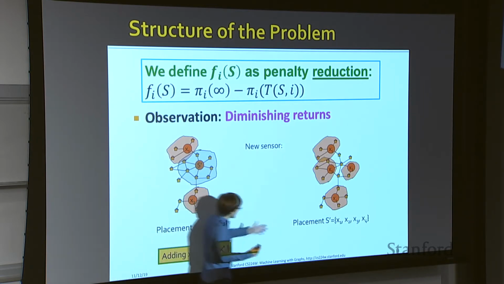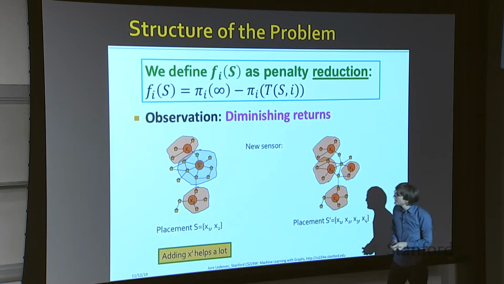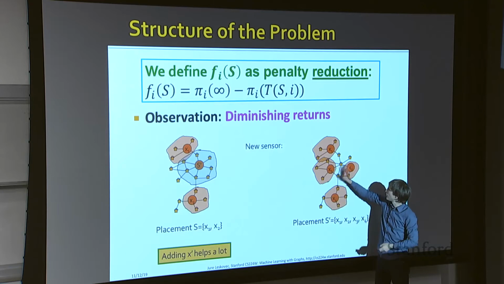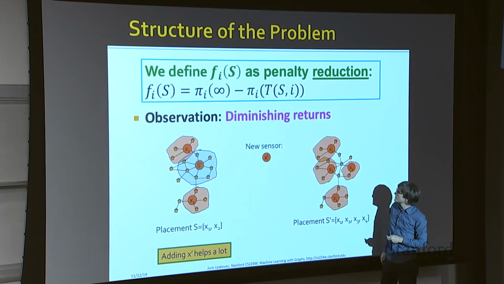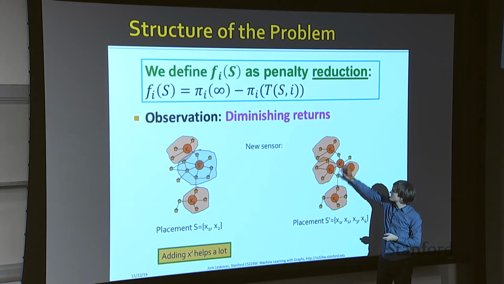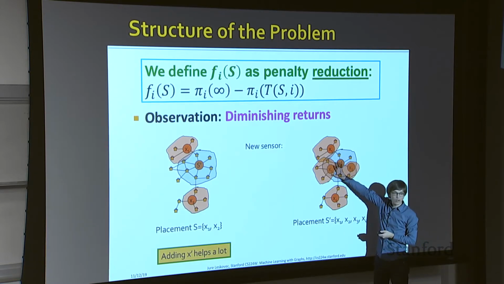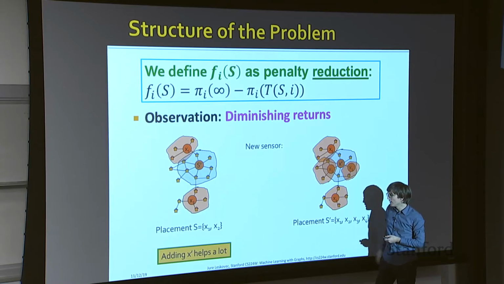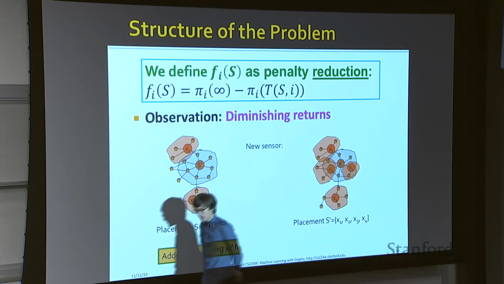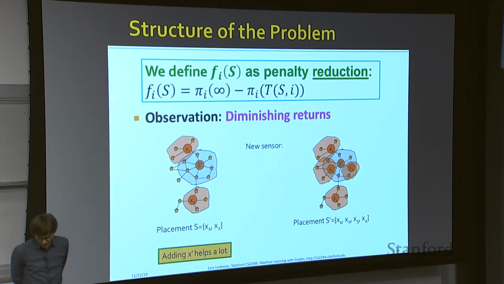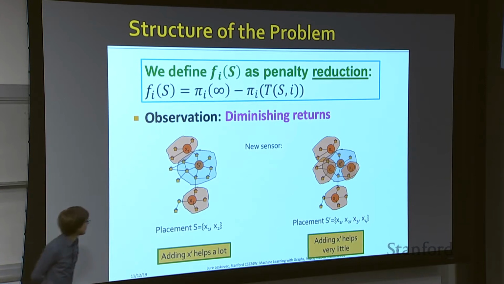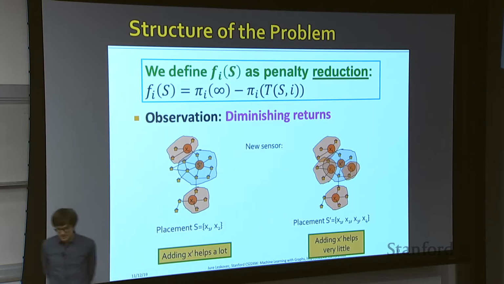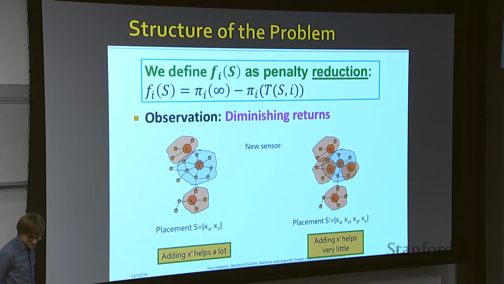While if I have a bigger placement, a superset of it, where before x1 and x2, I also have 3 and 4, and now I consider placing the sensor at the same position, a lot of this coverage will already be covered, so this sensor x prime will help me less. So this is the notion of diminishing returns. Adding the same sensor helps less, and that's the notion of diminishing returns or submodularity.